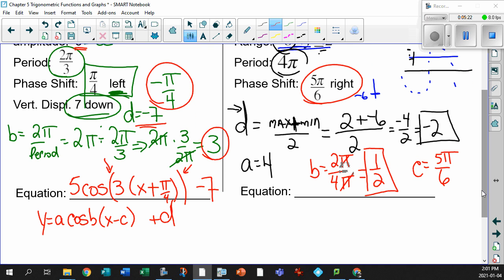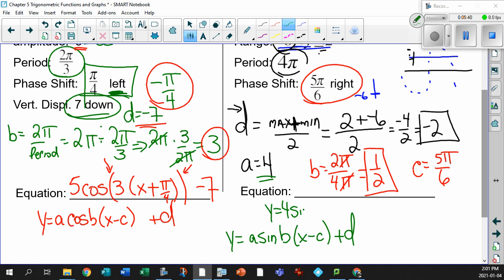Okay, so remember, this is a sine function. So let's just write it out generally here. Y equals A sine B bracket x minus c plus d. And all you've got to do now that you've figured them out is just pop them in there. Our A value was 4, so this is y equals 4 sine. Our B value was 1/2, okay? 1/2 bracket x minus, where's our C?